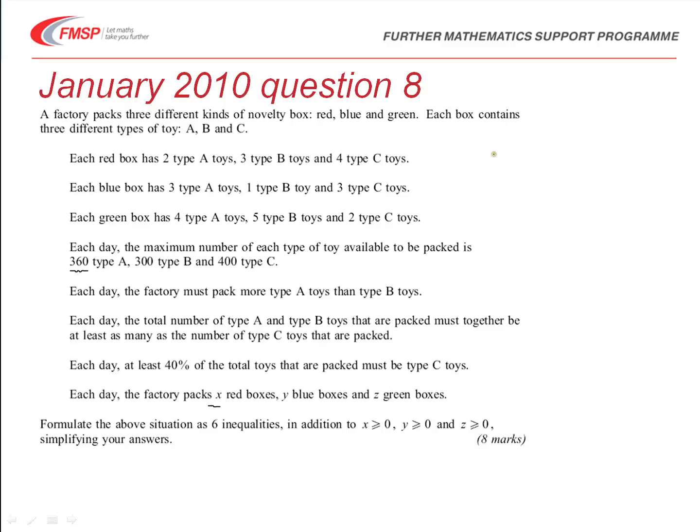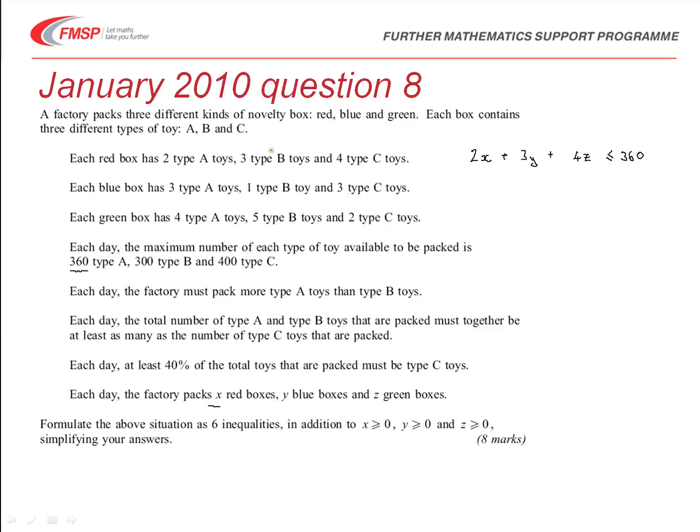X is the number of red boxes and it has 2 type A toys in it, so 2X will be the number of type A toys packed in red boxes. 3Y would be the number of type A toys packed in blue boxes, because Y is the number of blue boxes, and 4Z would be the number of type A toys packed in green boxes, and so the total of those cannot be any more than 360.